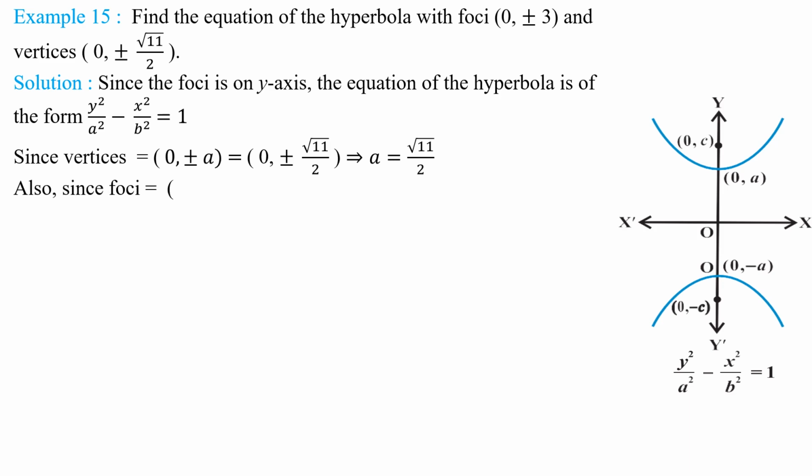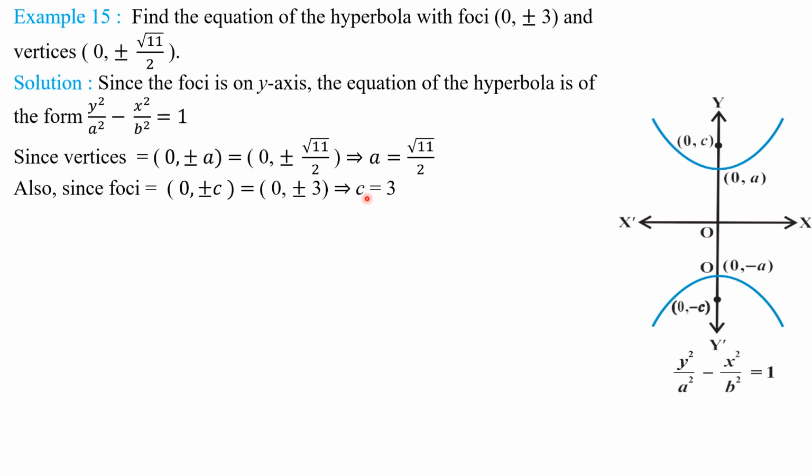Also, since the foci of the hyperbola are 0, comma, plus or minus c, by equating these 2 points, what do we get? c is equal to 3. Yes or no, my children? We got a value and c value, but we have to find b value to write the equation of the hyperbola.